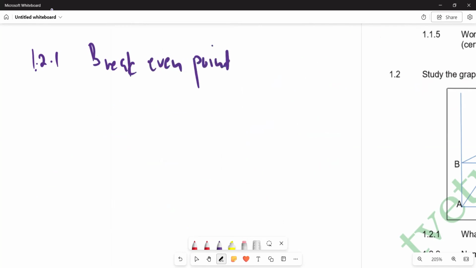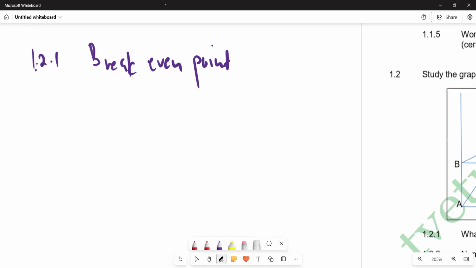Then the explanation now, this is where the company has reached the equilibrium point, meaning that it is not making a profit or a loss. So at the break-even point, we know that there is no profit or loss because the profit is 0. So we are saying the company is making neither a profit nor a loss.